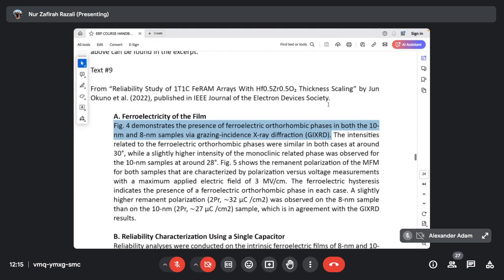Almost there, but the keyword is actually called the lexical signal. The lexical signal is not demonstrates actually, but Figure 4. When it comes to preparing information or providing background information, take a look at signals such as Figure 4 shows that, Table 2 shows that, as shown in Table 2, as shown in Figure 4, as illustrated in Figure 1, for example.